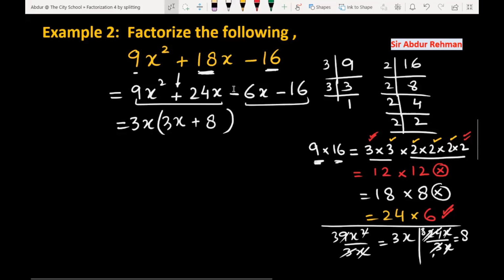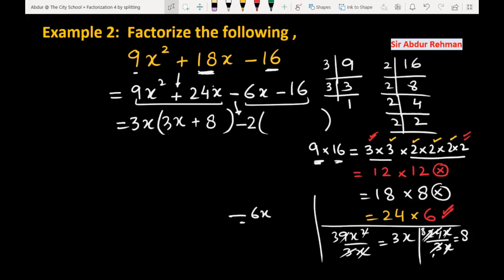And for the second group, copy this minus sign here. 6 and 16 are divisible by 2. So write down minus 2 as common here. Now we have to divide minus 6x by minus 2.